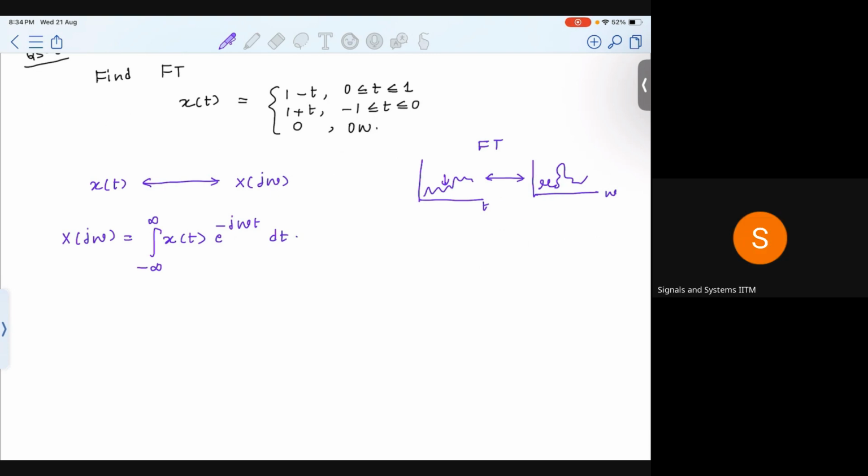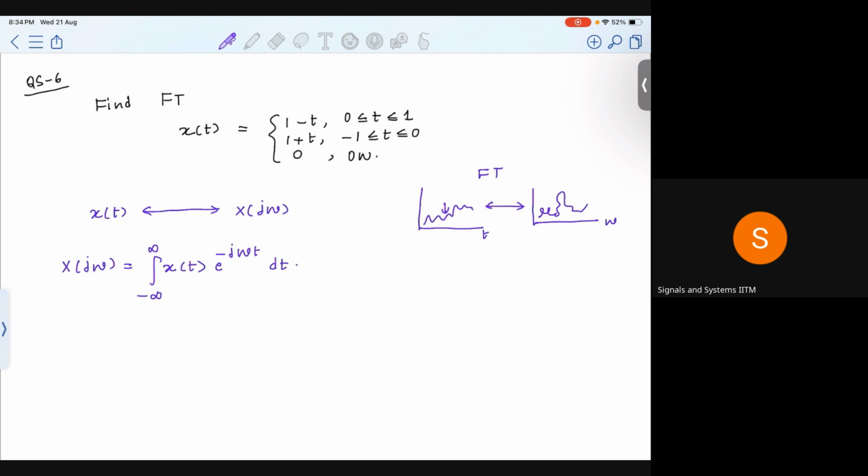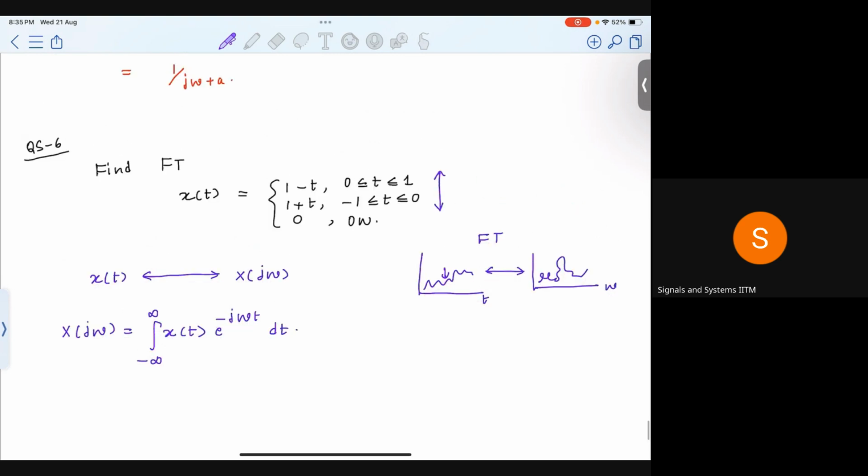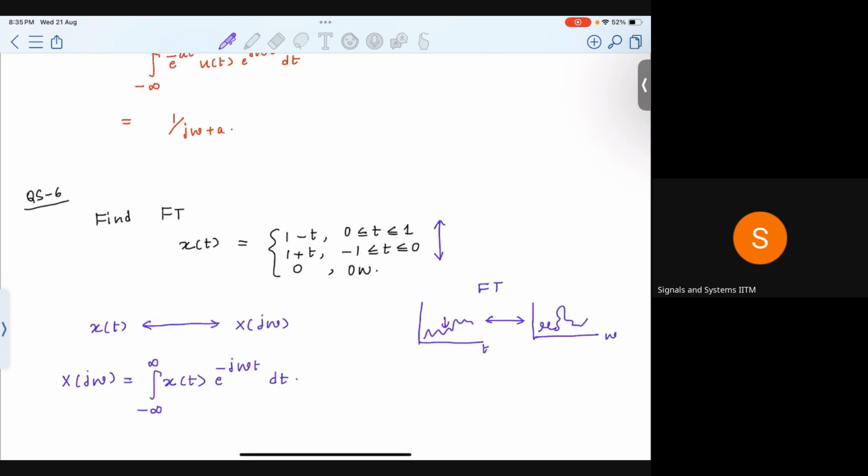Now the question is to find the Fourier transform for this kind of signal x of t. Let's try to plot this signal. What is the signal? It is 1 minus t from 0 to 1, and it is 1 plus t from minus 1 to 0.